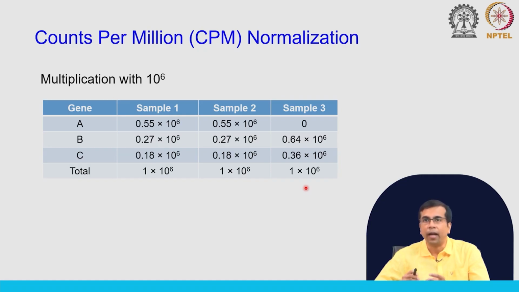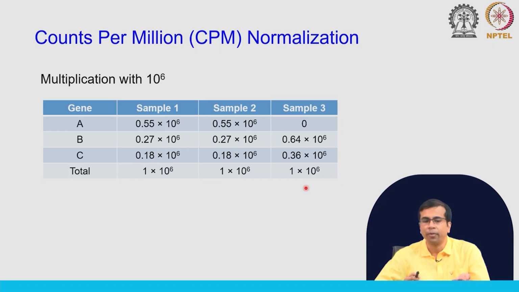Now, what will happen if you divide the count for each gene by that big number? Let us say for gene A you have a count of maybe 1000, for gene B maybe 100 or less, and you divide that by let us say 20 million.